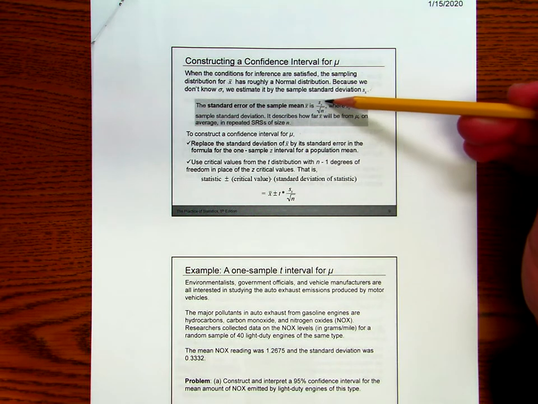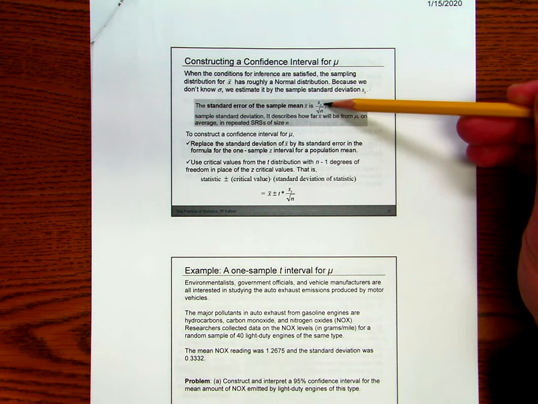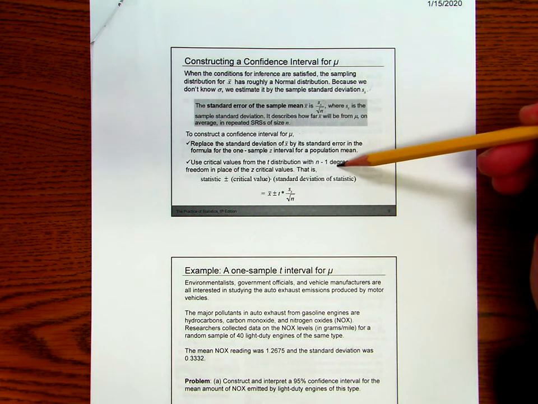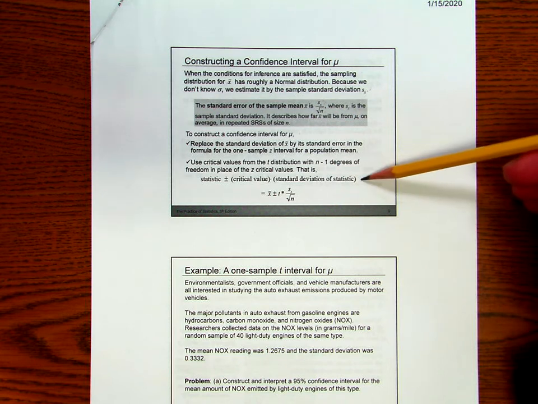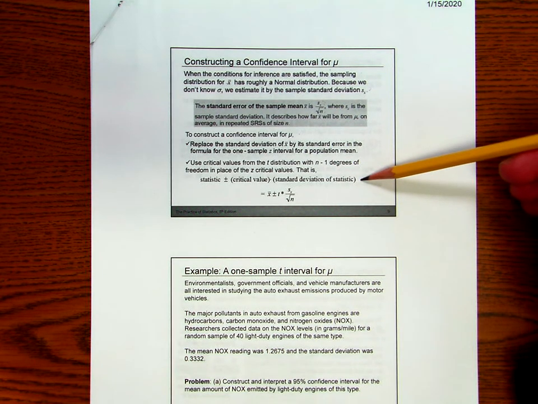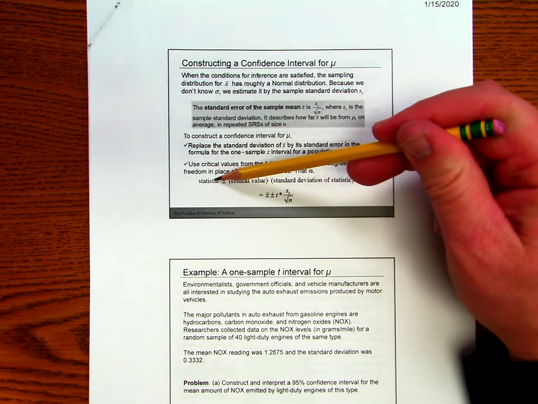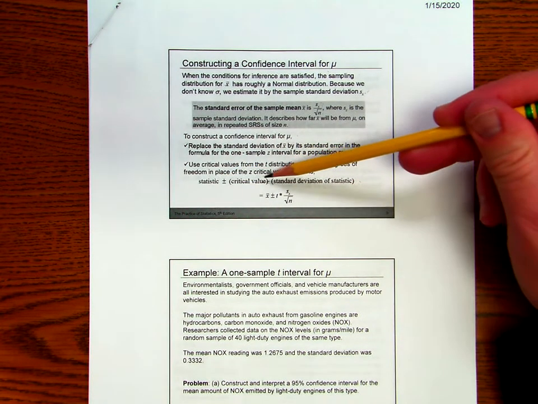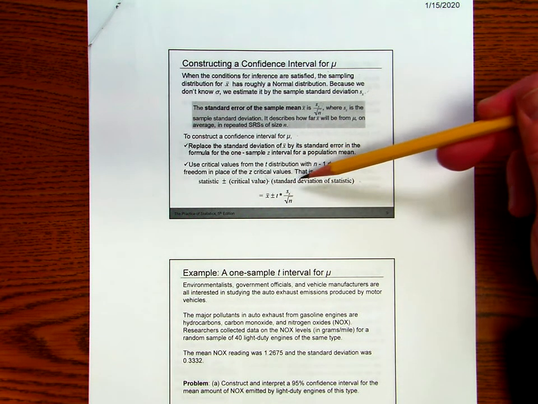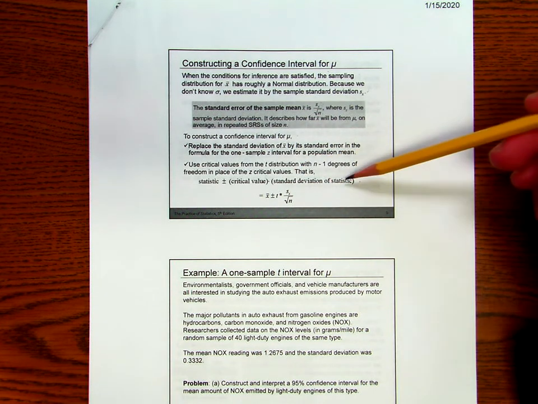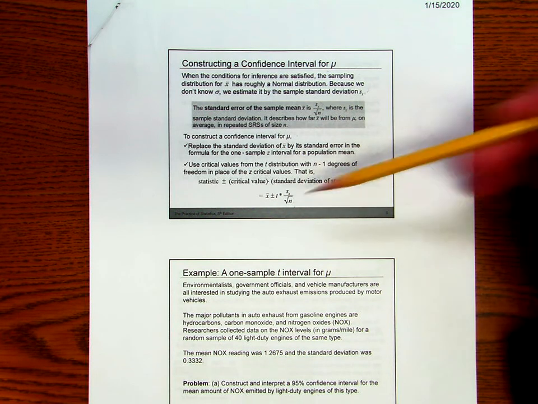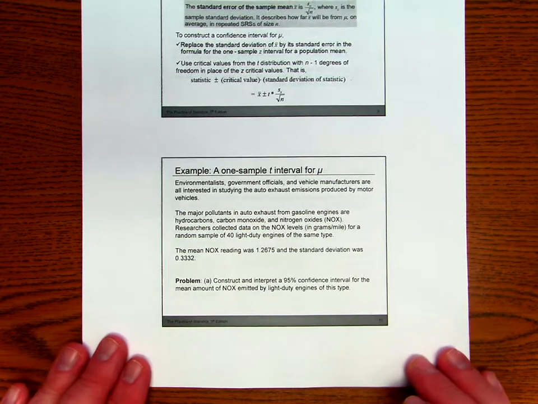Once you go from the population notation to the sample notation, we go from standard deviation to standard error. We're going to use our critical values that we just discussed with the n-1. This is the general structure of all of our confidence intervals. It's your sample statistic, which is also known as a point estimate, the critical value, which for this is a T-star, and the standard deviation or the standard error of the statistic, depending on the nature of the problem, is this guy right here.